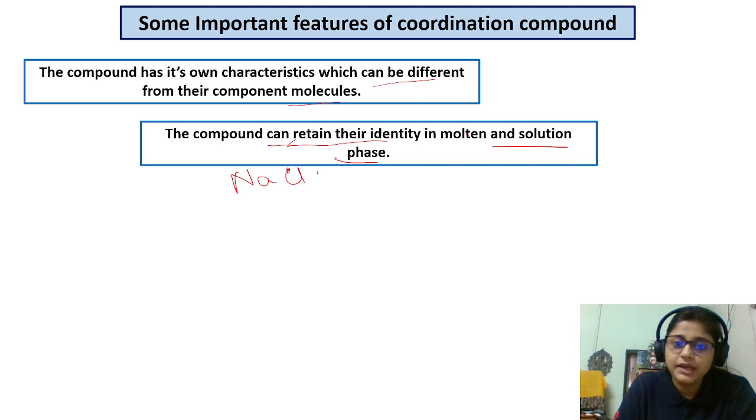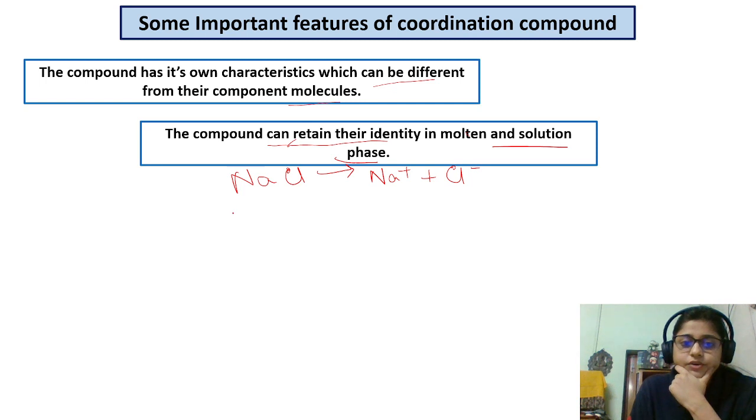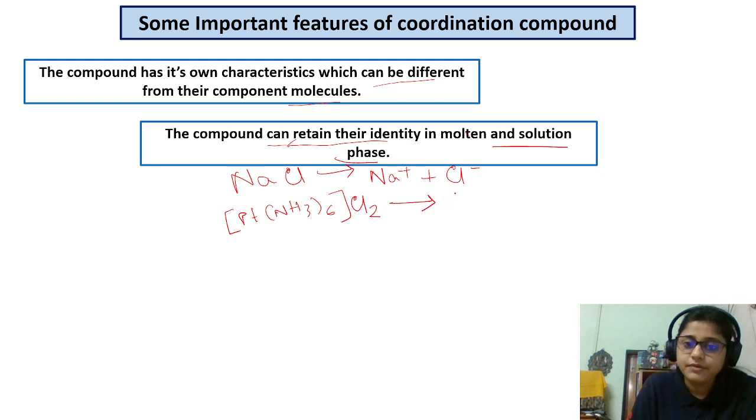We all know in the solution phase it forms Na+ and Cl- ions. And if you take a complex molecule like [Pt(NH3)4]Cl2, what will it give?